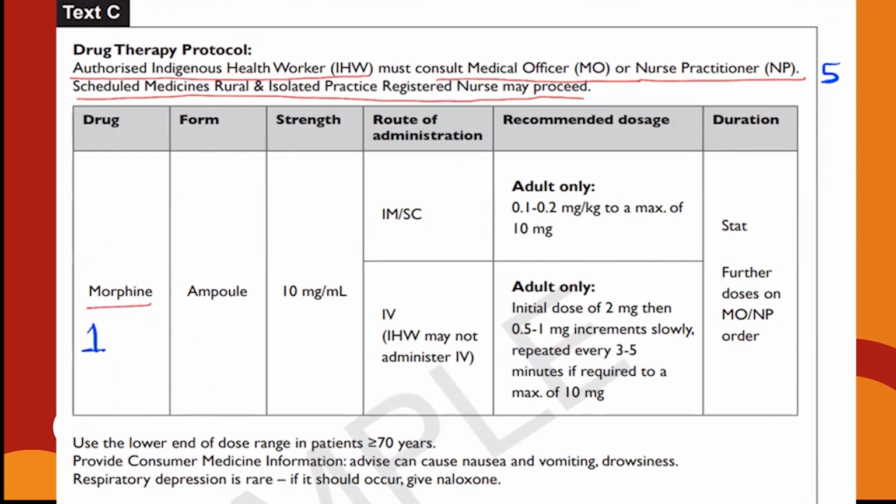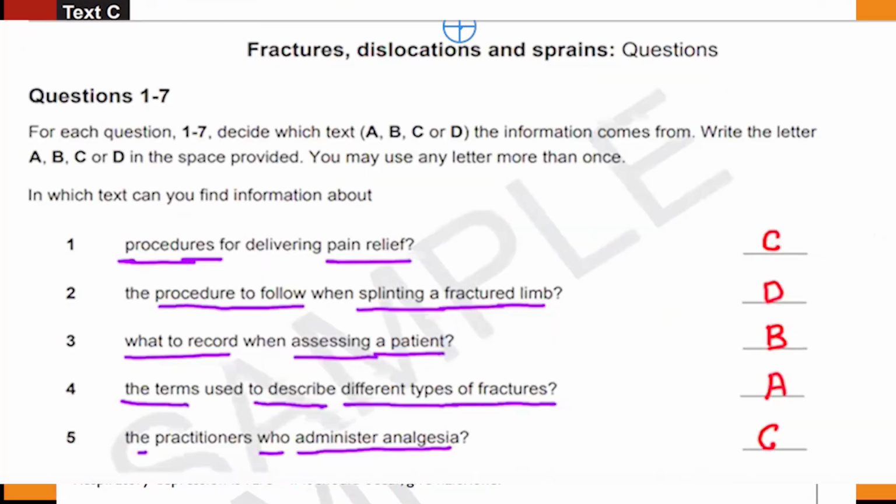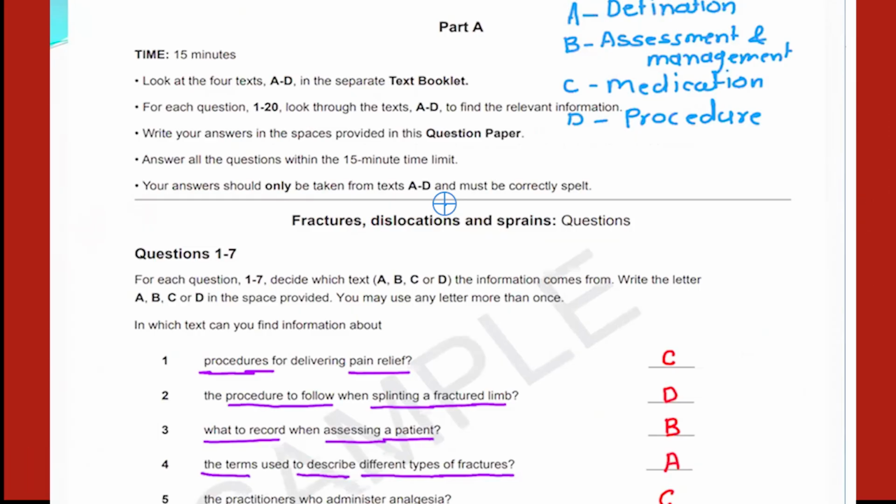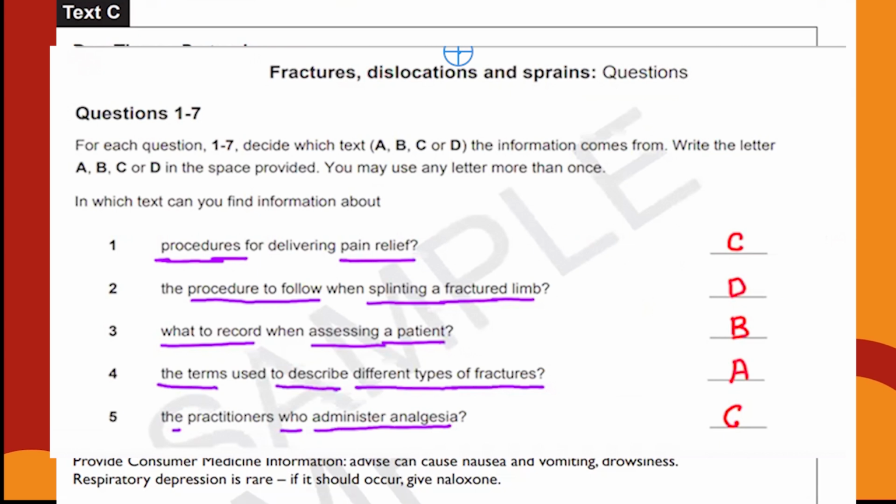So we can go directly to the C part, where it says the authorized indigenous health worker must consult a medical officer or nurse practitioner, schedule the medicines, and in rural and isolated practice the registered nurse may proceed. So here we can get the answer for question number 5, and like that we can get the answers if we mark the text according to A, B, C. It will be easy to understand where our answer is located.